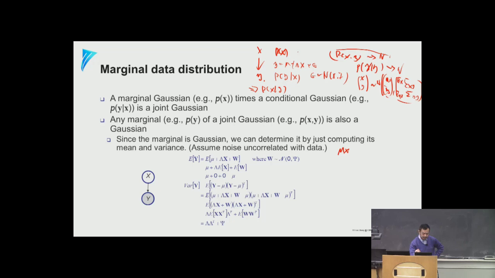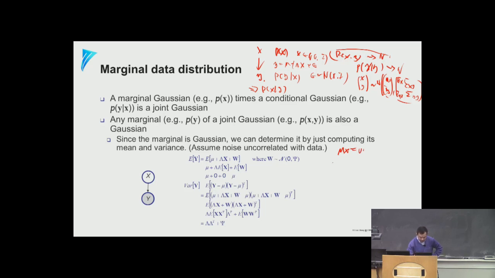Because we assume that x follows a Gaussian distribution with a normal mean and an identity covariance matrix, I believe, it equals 0.